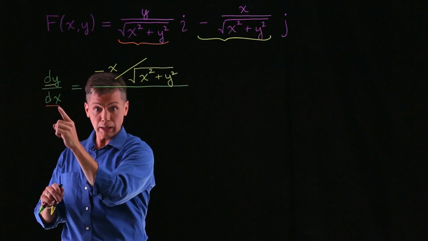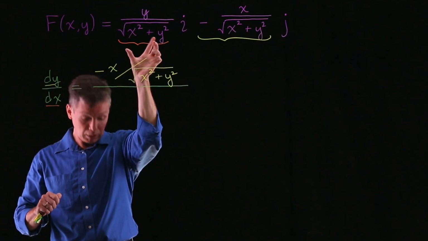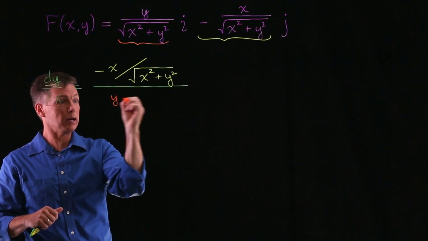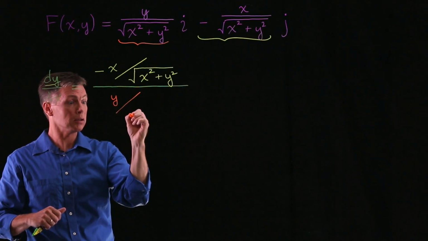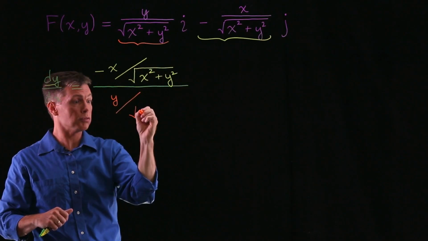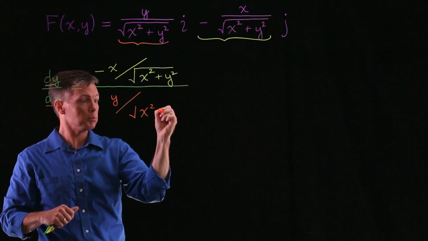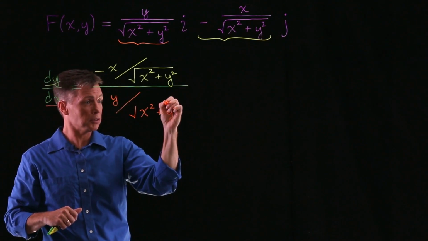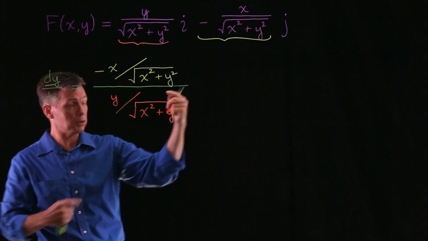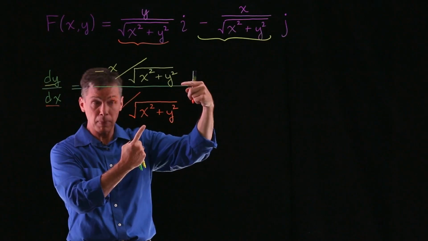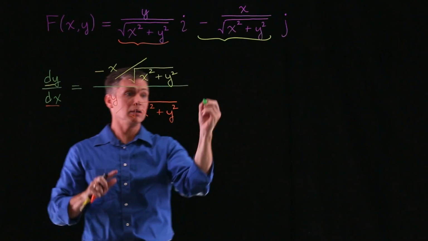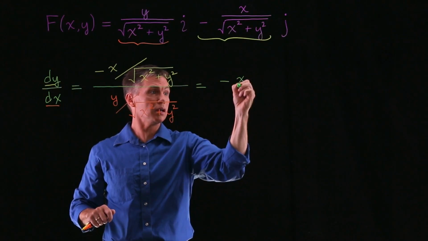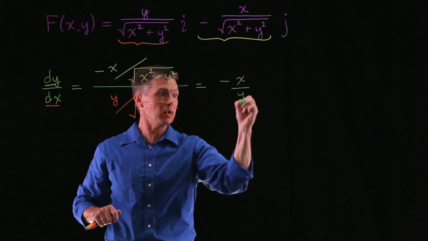And my dx comes from what's here in orange, and that'll be y divided by square root of x squared plus y squared. And it's fortunate for us that the denominators of these two are the same, because then they cancel out, and this ends up equaling minus x over y.